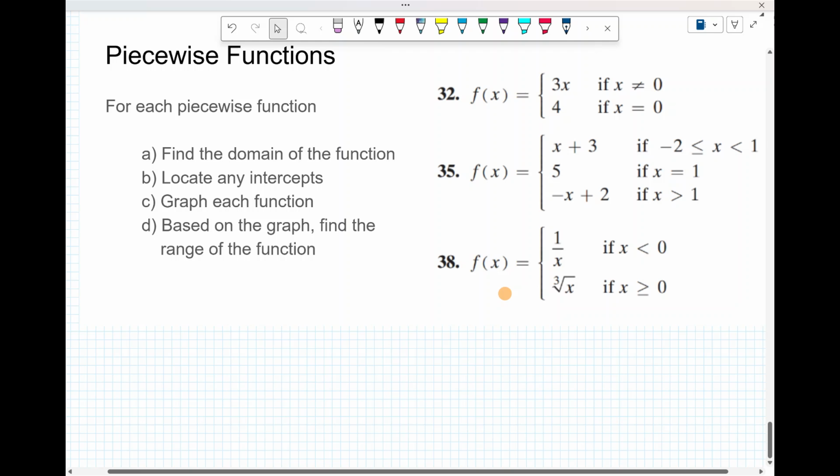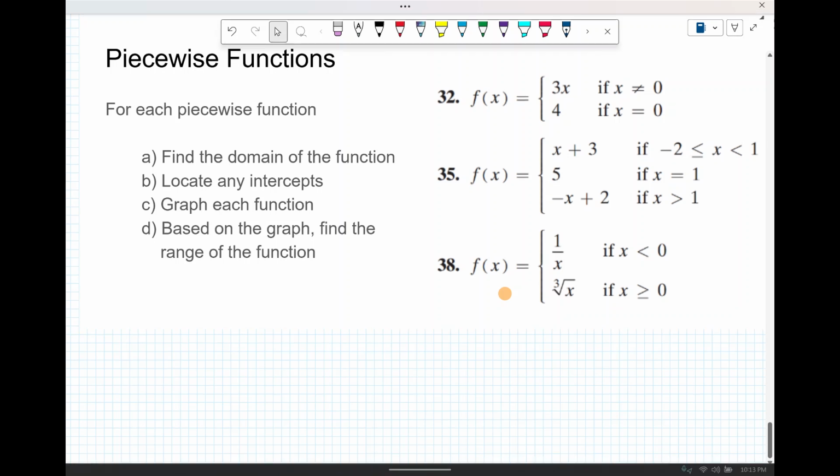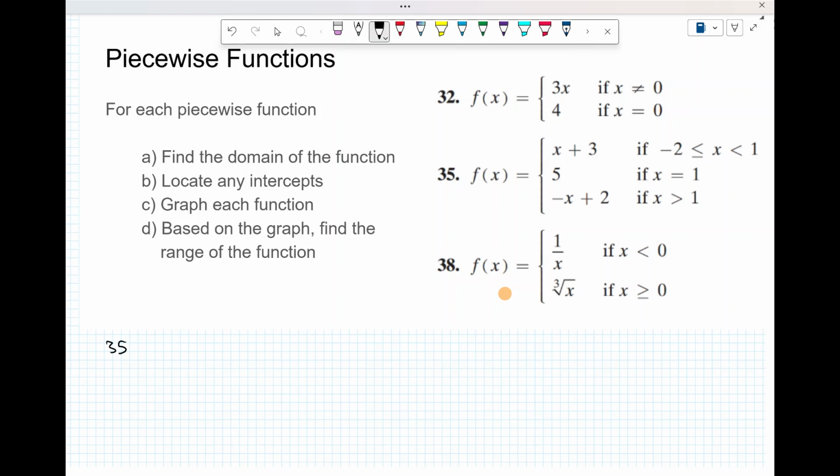Let's start with number 35. Again, when I'm doing my domain, I'm just going to look at this. So this is all the numbers in between negative 2 and 1. Then I also have 1, and I have all the numbers bigger than 1.